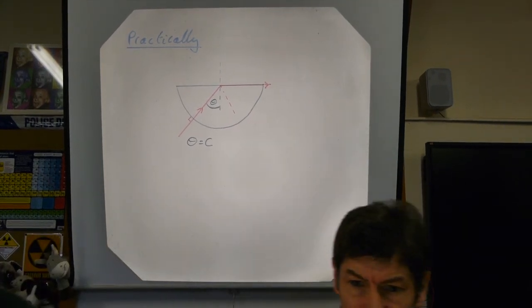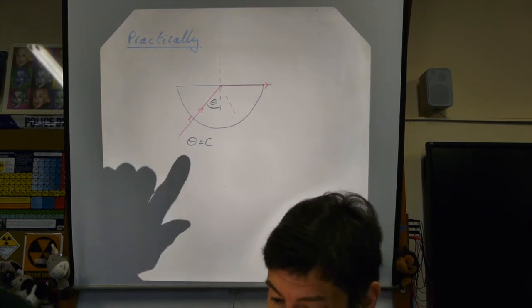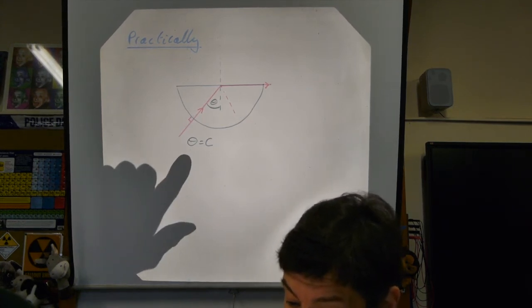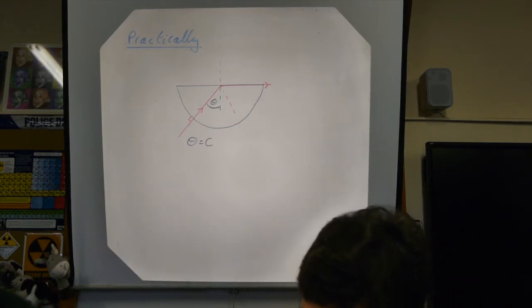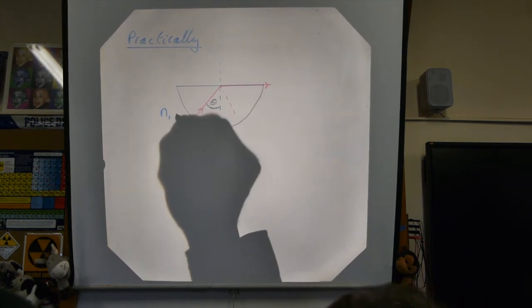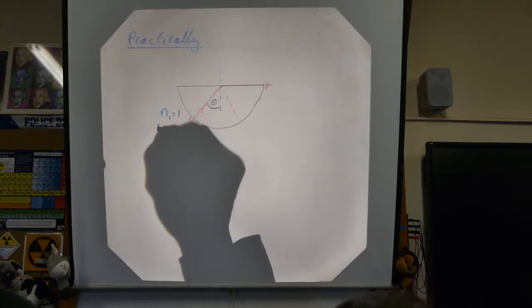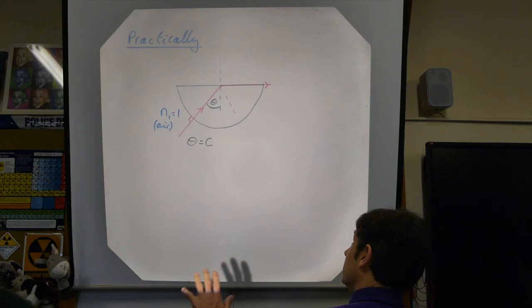Okay, so what do we know here? Well, we can work out the angle by measuring it with a protractor. We know that out here this is N1, and we're going to make N1 equal to 1 because it's basically a vacuum, it's air. And air has a refractive index of about 1.